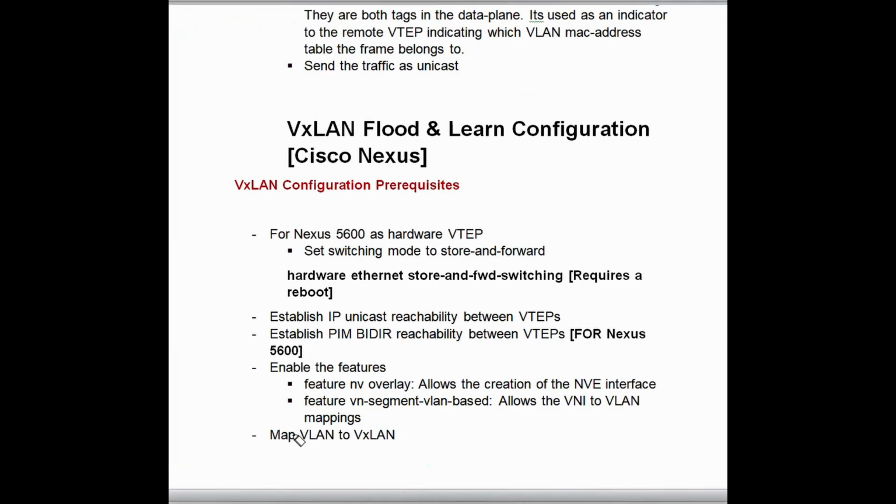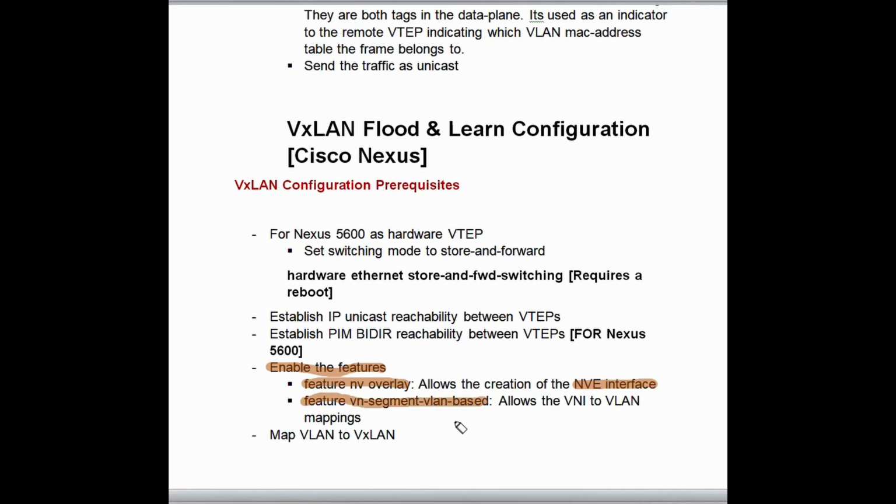The next step will be to enable the relevant features on all the leaf switches, and more precisely, the features that we need is the feature NV overlay, which allows the creation of the NVE interface on the Nexus platform. And the next feature that we need is the feature VN segment VLAN based.